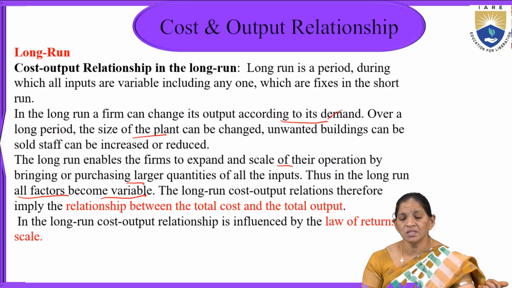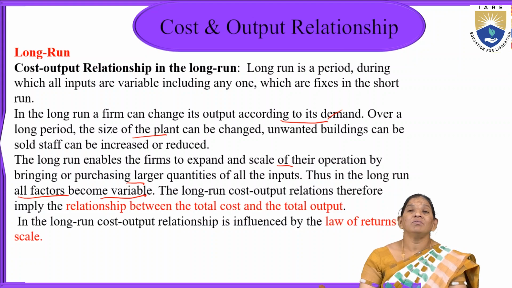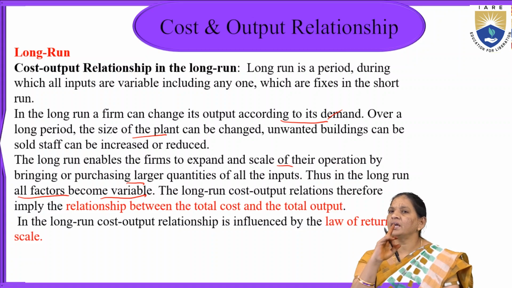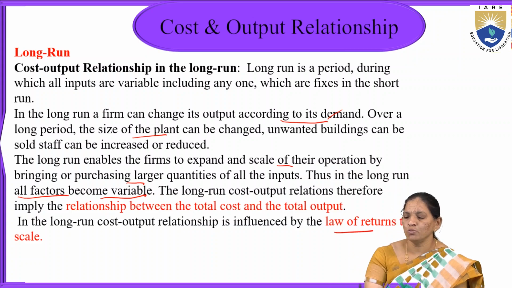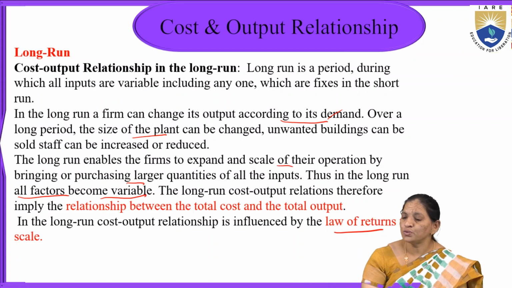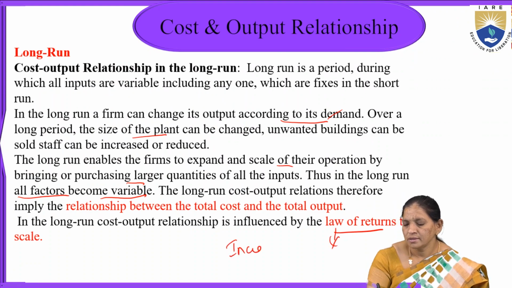Here we can identify the relationship between the total cost and total output, and we can enumerate what we have seen, the law of returns to scale, which we got in the case of the long run production function. What this law of returns to scale has given us are three returns: increasing returns, constant returns, and decreasing returns.